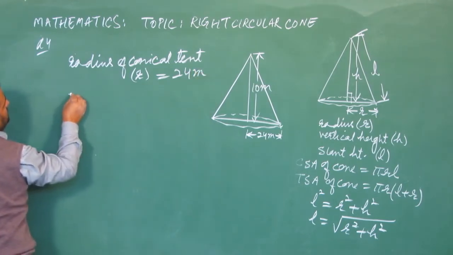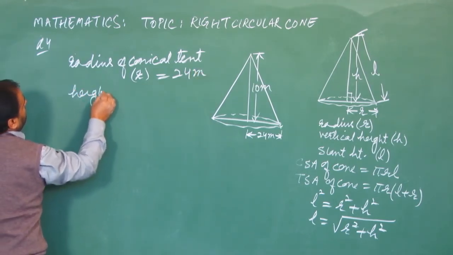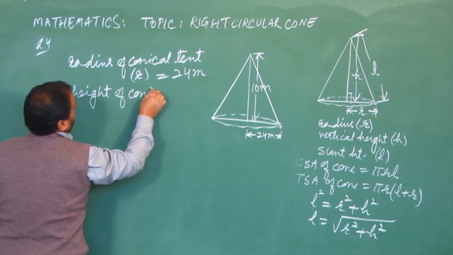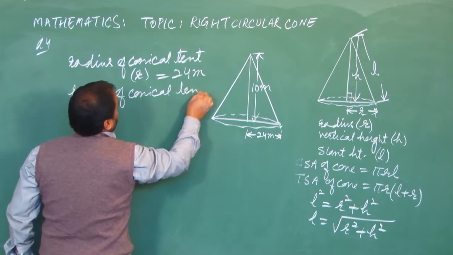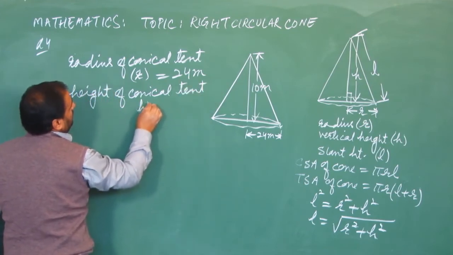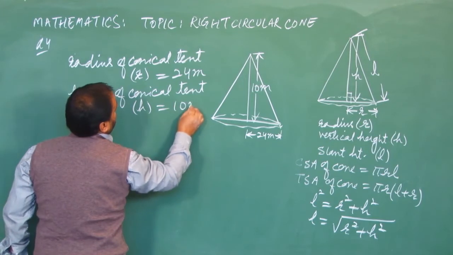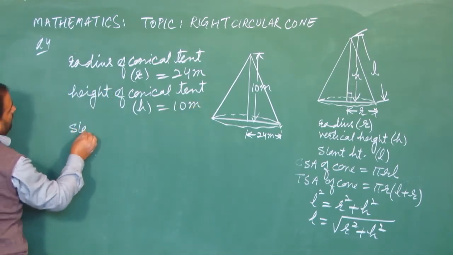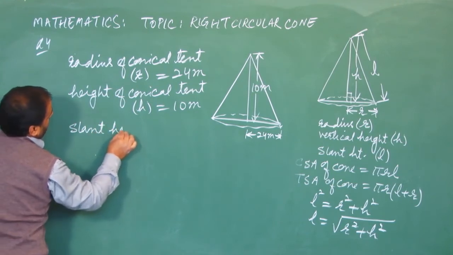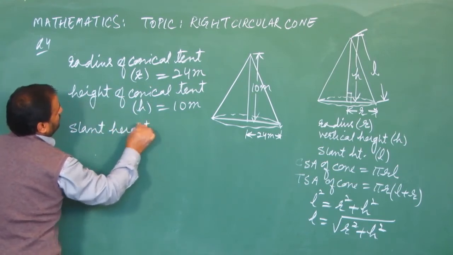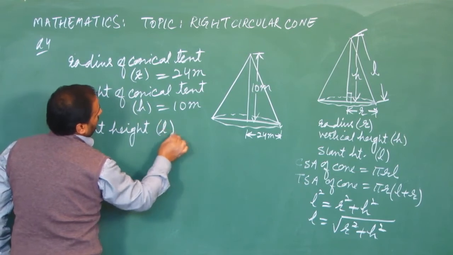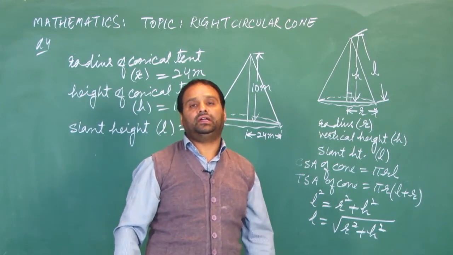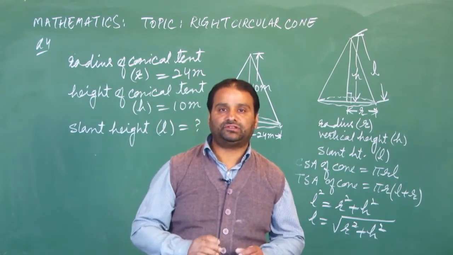The vertical height can be simply written as height of that conical tent as h, which is 10 meters, and what we are missing is the slant height, to be denoted as L. The cost of canvas is rupees 70 per meter square.